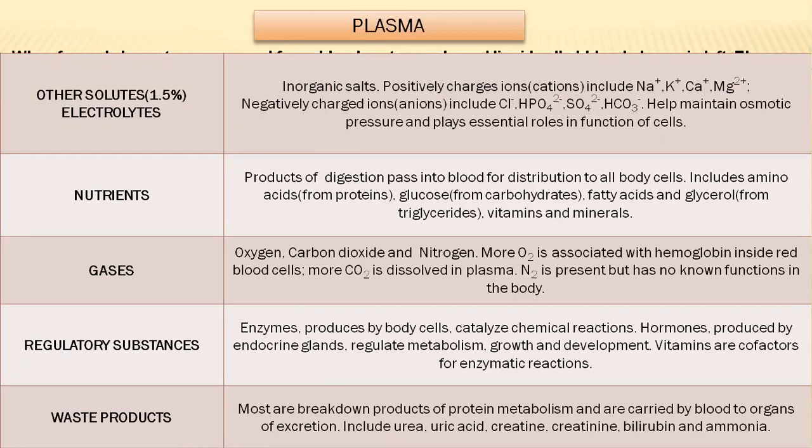Then you also have waste products as part of plasma. These waste products are coming from metabolism in the cells. Most are breakdown products of protein metabolism and are carried by blood to organs of excretion. Most of these waste products that are coming from the cells will be transported by blood to organs that are involved in excretion.